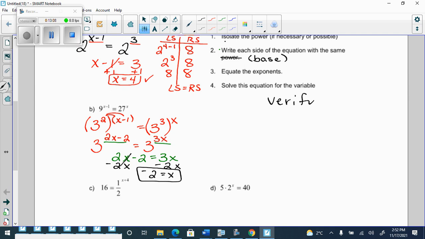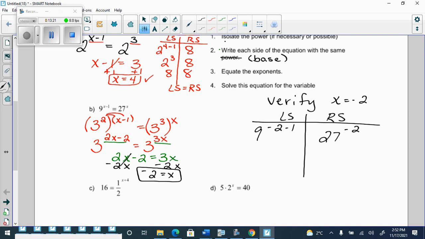So we're going to get 9 to the negative 2 minus 1, and then 27 to the negative 2. 9 to the negative 3, and then 27 to the negative 2. I think it's 1 over 729, from back brain knowledge, not the actual set. I think 9 to the 3.